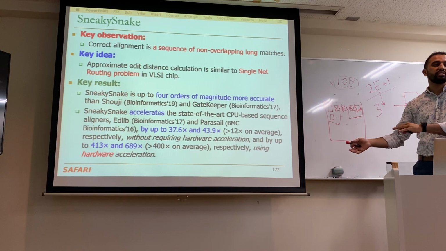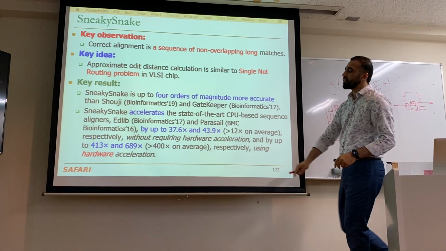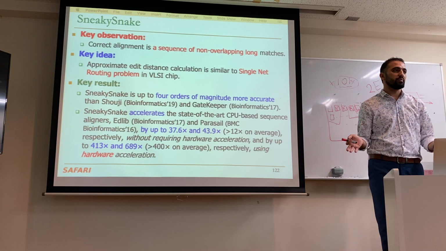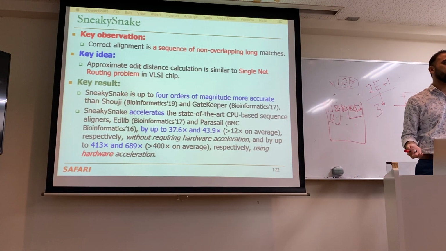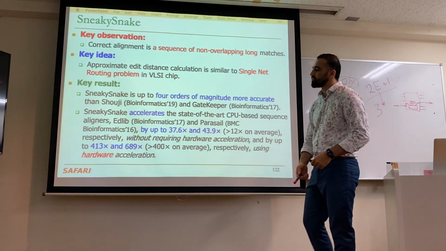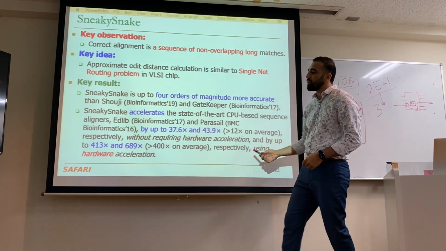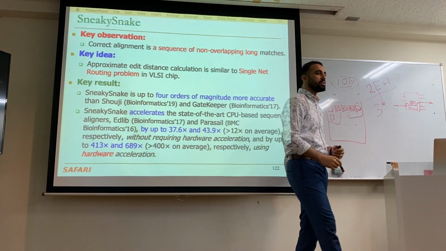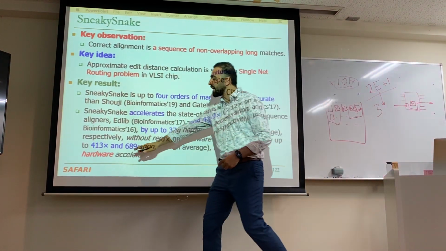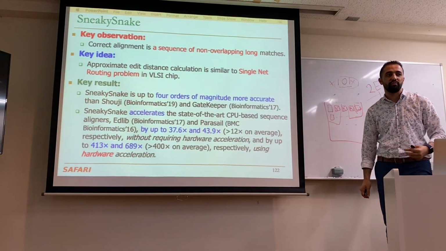And by doing this just on a normal computer, with no cluster and no hardware acceleration, we got a 37x speedup compared to Edlib. Edlib is the best implementation for the Needleman-Wunsch algorithm, the dynamic programming algorithm, as well as Parasail, which is much slower than Edlib. And when we implement this in GPU and FPGA, we get this much speedup compared to Edlib and Parasail, which are dynamic programming algorithms. So imagine having 400 or 600x speedup compared to the dynamic programming algorithm you are using.